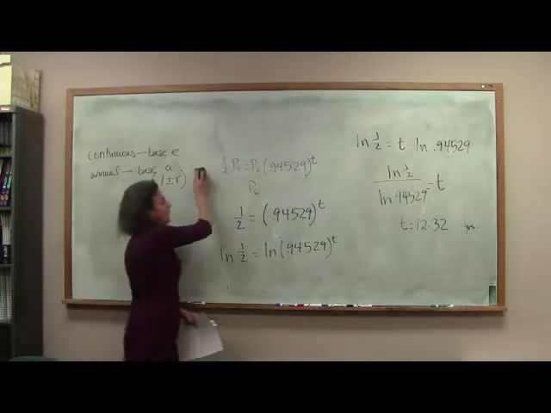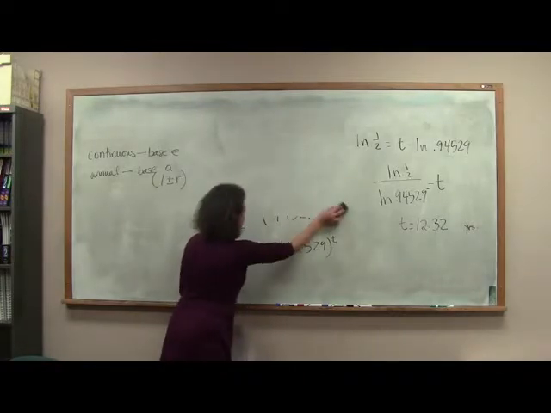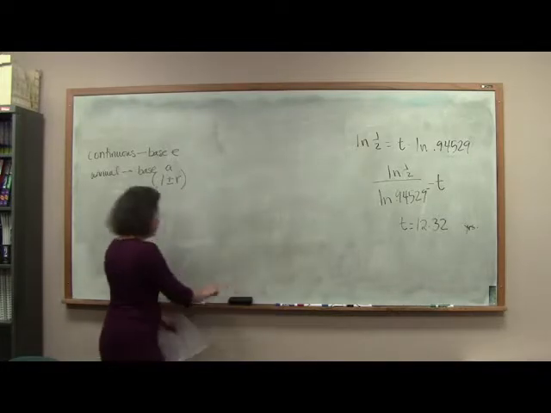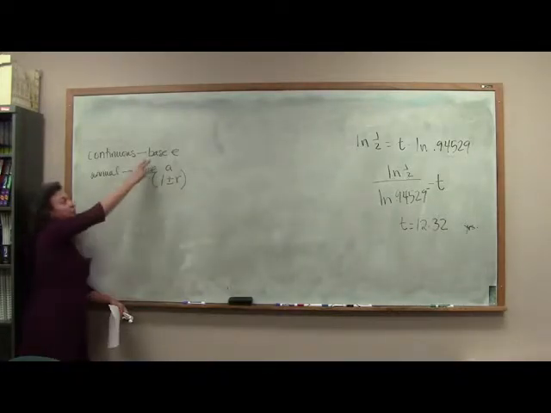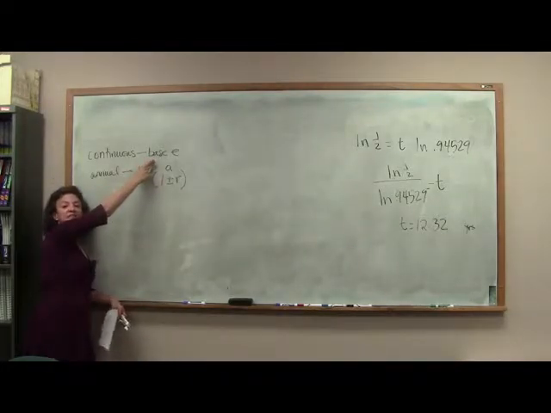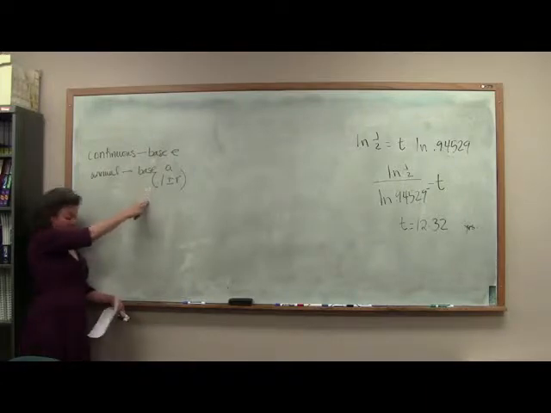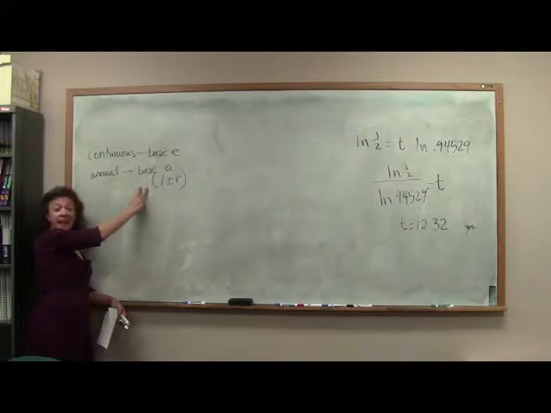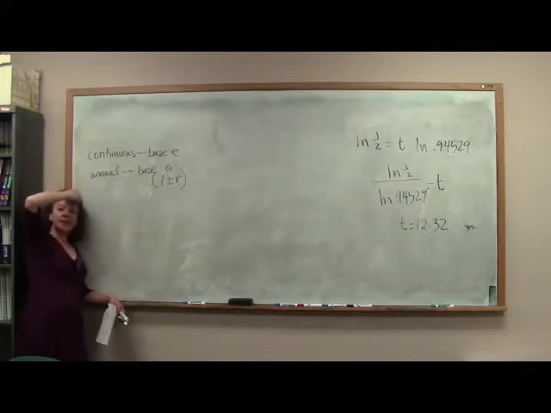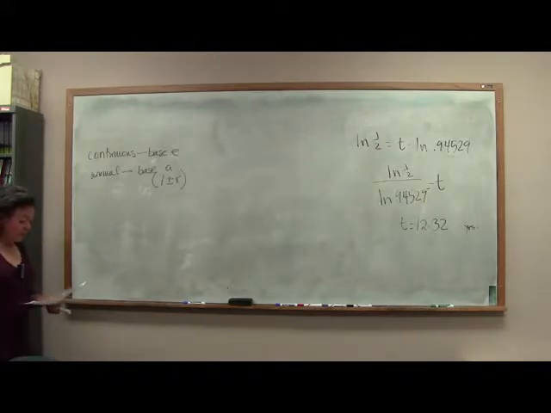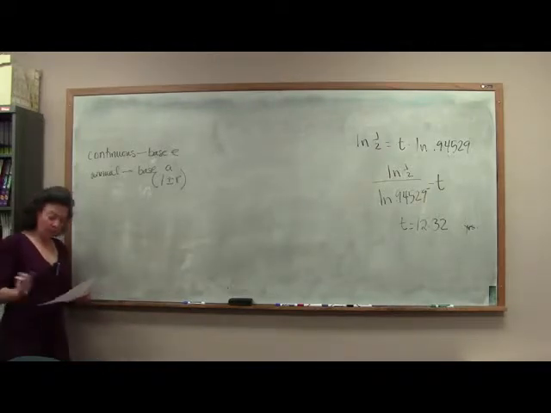Now, our next project in this section is as follows. It turns out that if you have an exponential function written in terms of base e, you can rewrite it into an equivalent form with a base of a. And in a similar manner, if you have an exponential function in the form of base a, you can write it in an equivalent fashion with a base of e. And that's what we're going to talk about right now.